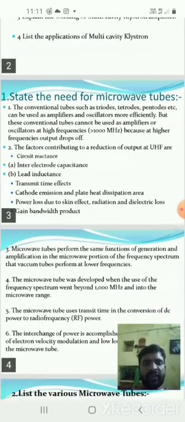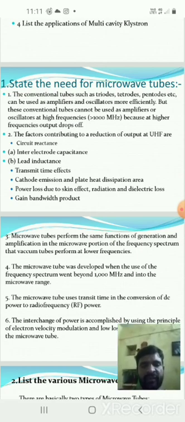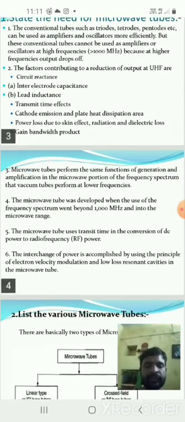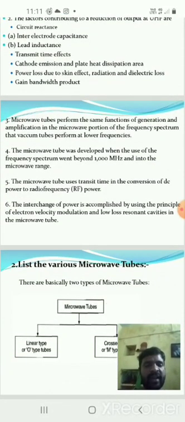Microwave frequencies above 1000 MHz or 1 GHz are used with microwave tubes. These use high velocity electrons, velocity modulation and low loss resonant cavities.